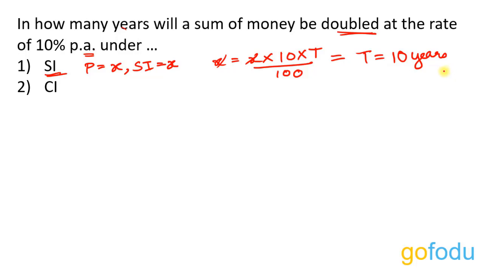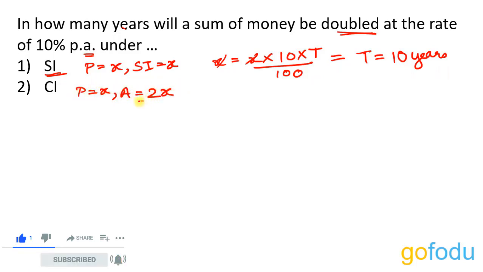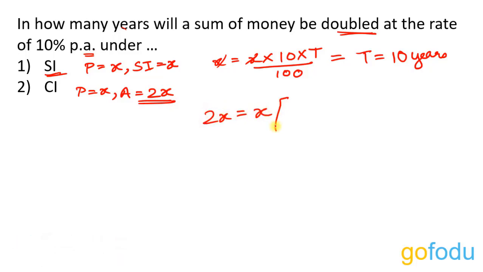It will become a little complicated in case of compound interest. Principal is X, amount is 2X. The money gets doubled. Put in the formula, amount is equal to principal into 1 plus r upon 100 whole raised to n. That would be t, number of years. X and X will get cancelled.